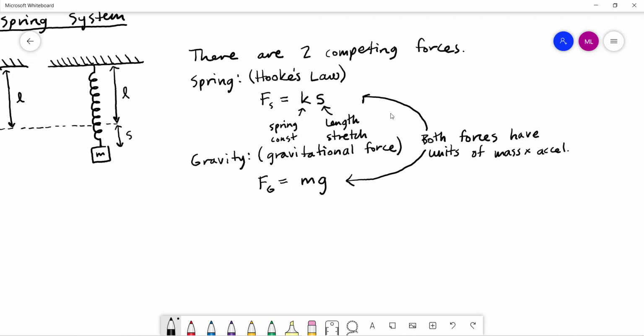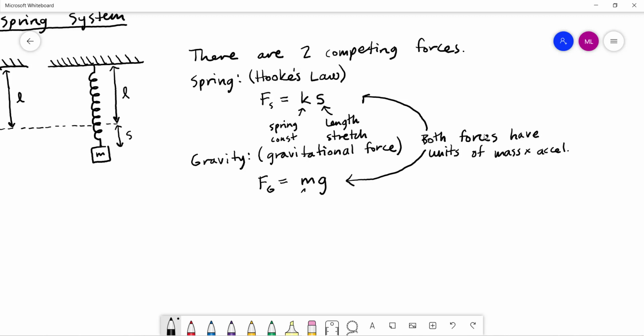Depending on which units we decide to use, whether kilograms or slugs, which is the mass unit in imperial units, and whether we're using for acceleration meters per second squared or feet per second squared, all of that doesn't matter. We'll do examples using both types of units, but the point is both of these have the same units of force. So we can figure out in this case what the units of each of these two terms are.